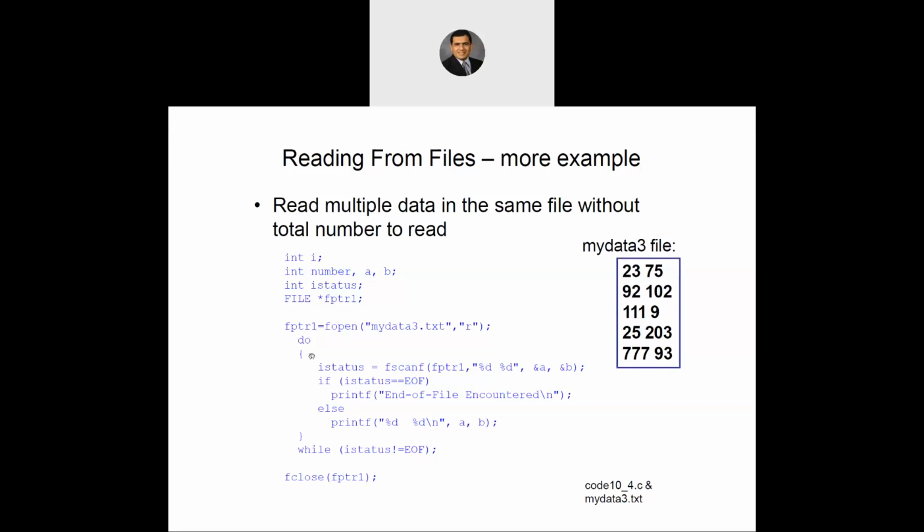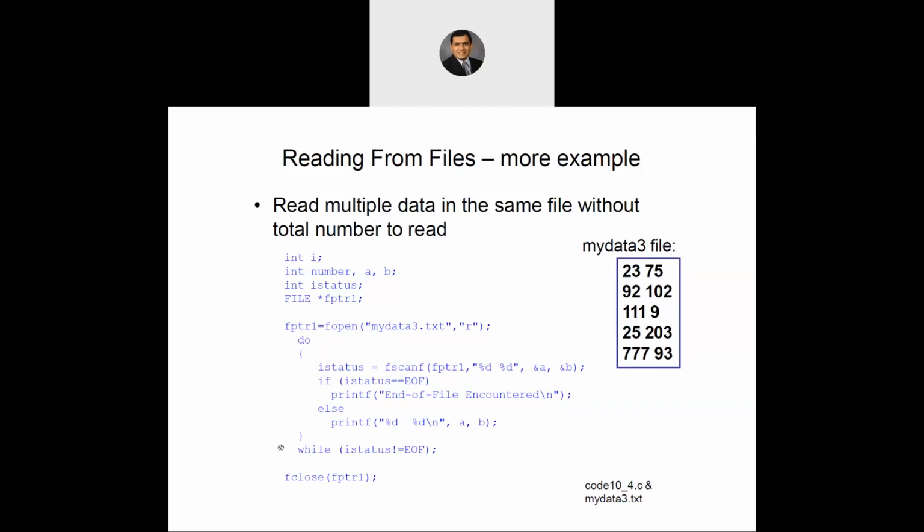Look at the condition. It's a do-while loop. Remember do-while loop? In a do-while loop, the statement comes before the condition, so it will execute at least once. Every time it goes and reads, it comes to the while loop and you say, hey, is I status value not equal to EOF?